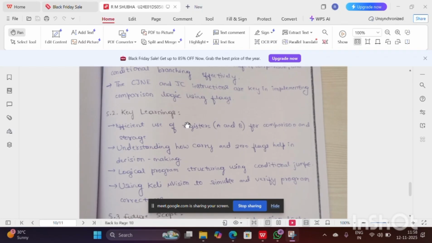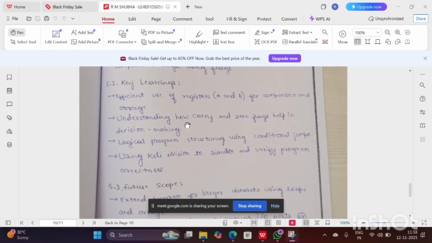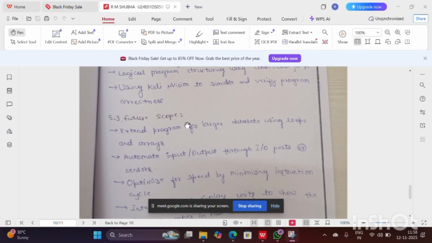The key learnings are efficient use of registers, that is A and B, for comparison and storage, understanding how carry and zero flags help in decision making, and logical program structuring using conditional jumps, using a simulator to verify program correctness, or we can also use a microcontroller.